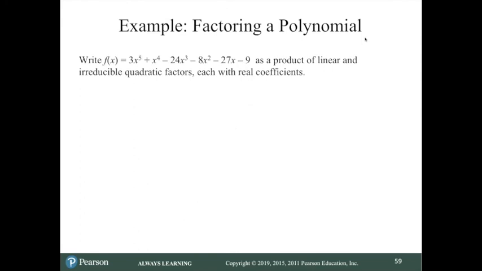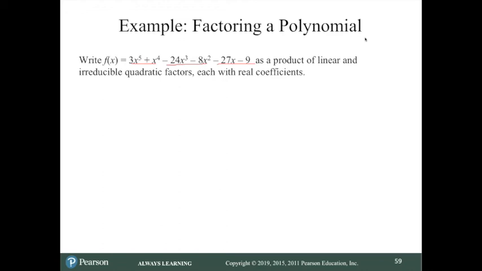Okay, so let's see if we can factor this polynomial as a product of linear and irreducible quadratic factors, each with real coefficients. So the first thing we're going to do, we look at this. This is a degree 5, so I can't use the quadratic formula. Does it look factorable? Actually, maybe. Let's try factoring by grouping. So what am I looking for?